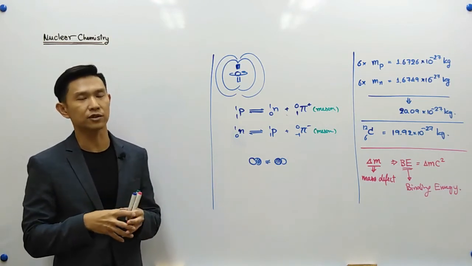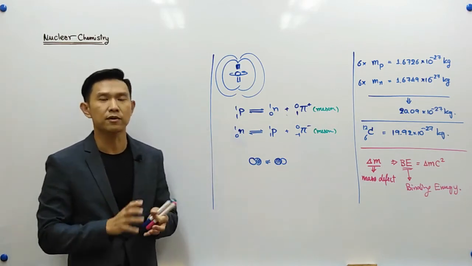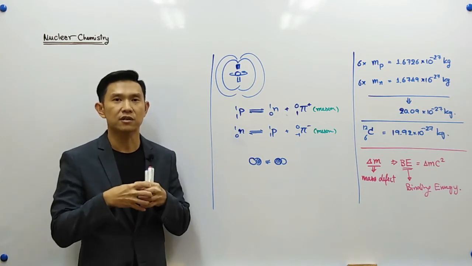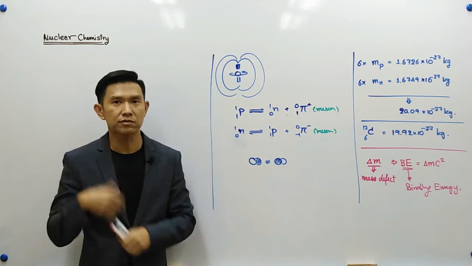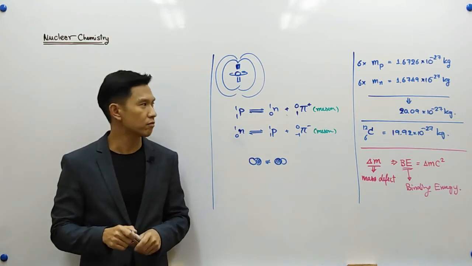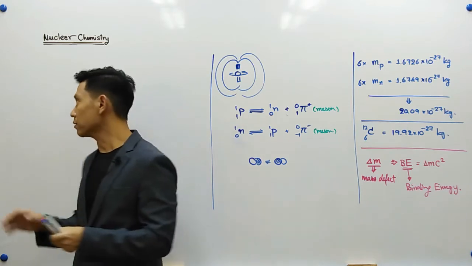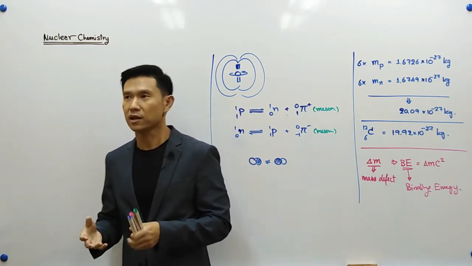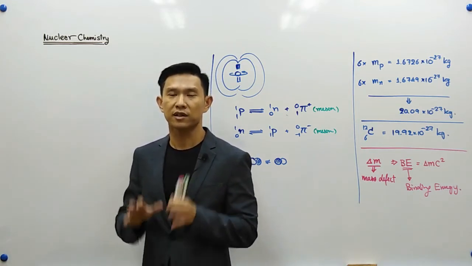But some isotopes are not stable because, as I said, the electrostatic repulsion force in the nucleus is very strong. And then your nucleus is ready to be decomposed by some kind of energy or mechanism. So in all 100 elements, there are only 281 isotopes that are stable.